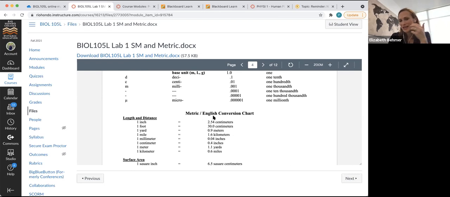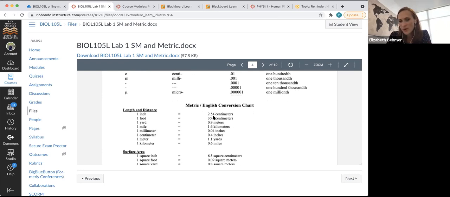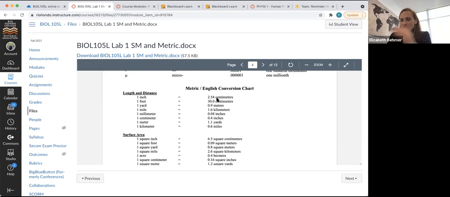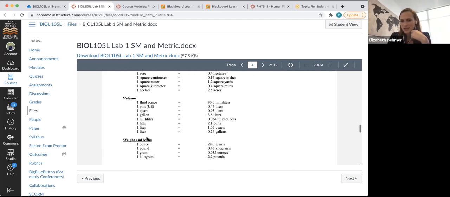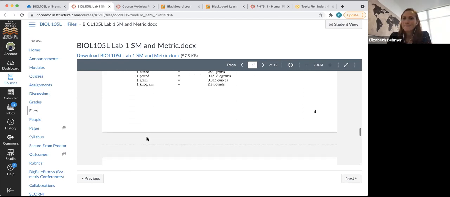Here's the metric and English conversion chart. So if you are curious, 1 inch is about 2.54 centimeters. Everything on the right side is the metric system units, and everything on the left side is the English conversions: surface area, volumes, and weight and masses.